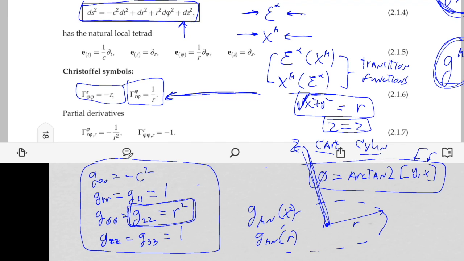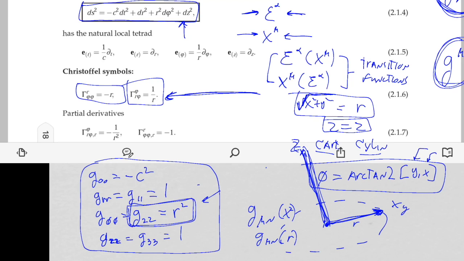However, the beauty is you execute one coordinate transformation. You take this metric, this space-time, these coordinates, and you just say, I'm going to convert r back to x and y, z back to z, and t back to t.